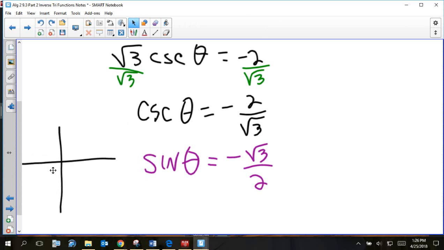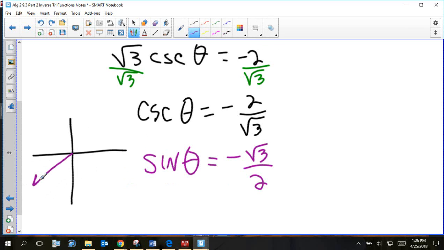So we're going to have an angle here. Ooh, that's not what I want to do. I have an angle here, and I'll do 2 different colors, an angle here. Okay, we're going to have bottom 2 because sine is negative. And what's positive in the fourth quadrant?